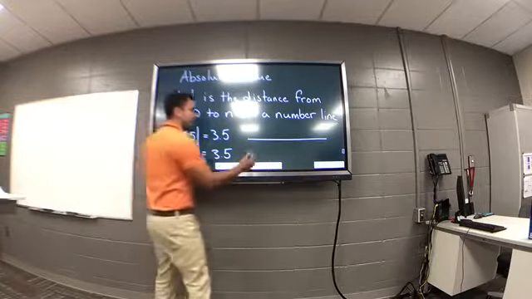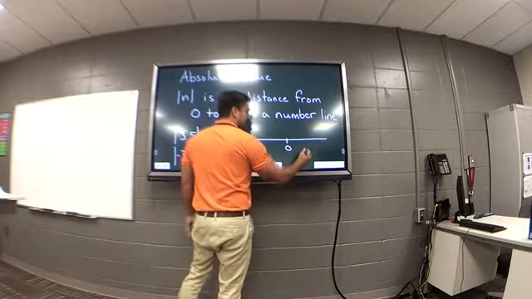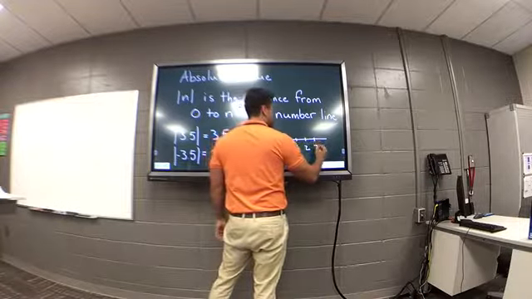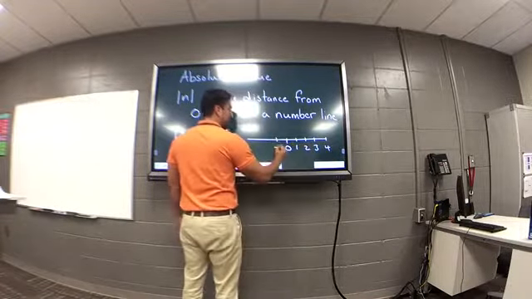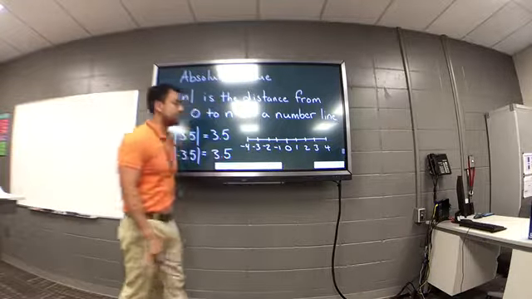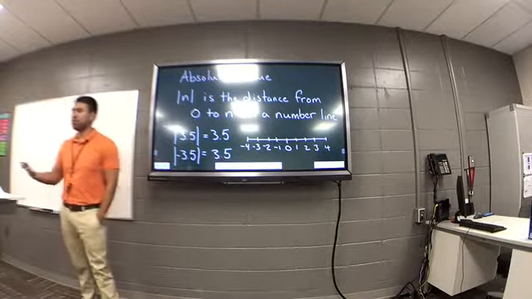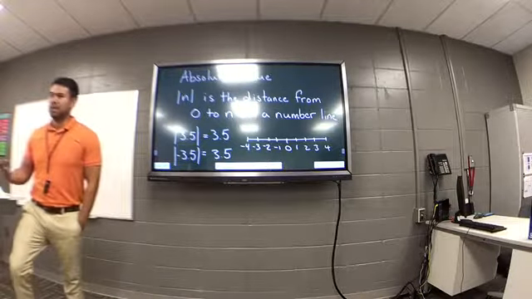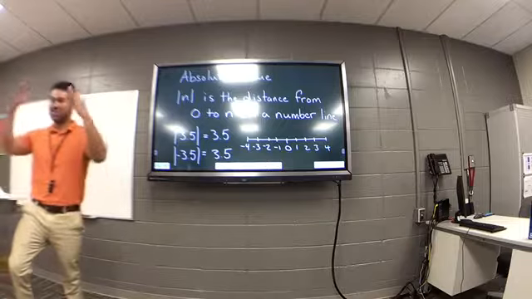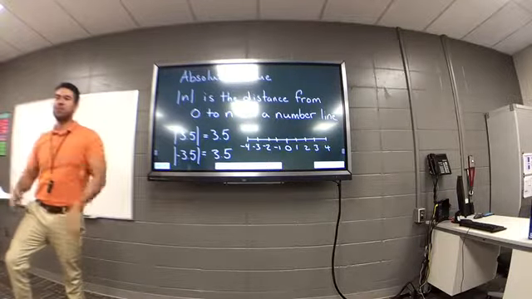Okay, here's 0. And I'm going to go here with 1, 2, 3, 4, negative 1, negative 2, negative 3, negative 4. Now, guys, we do have quite a few number lines in this lesson, but take heart. You will not have to do number lines for the rest of your career.